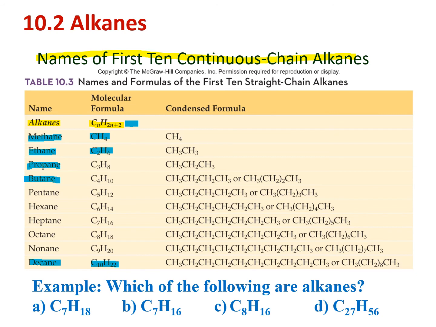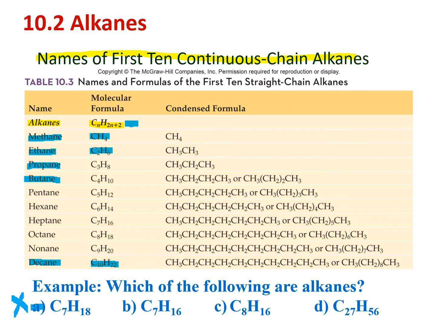An example is asked at the bottom: which of the following are alkanes? For C7H18, we simply have to multiply the number of carbons by 2. So 7 multiplied by 2 in this first example will be 14, plus 2 will be 16. So this one, A, is not an alkane.